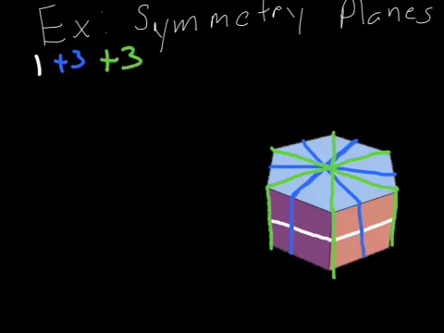So the total number of symmetry planes for the hexagonal prism would equal 7. That would be 1 parallel to the ground, and then 6 perpendicular to the ground.